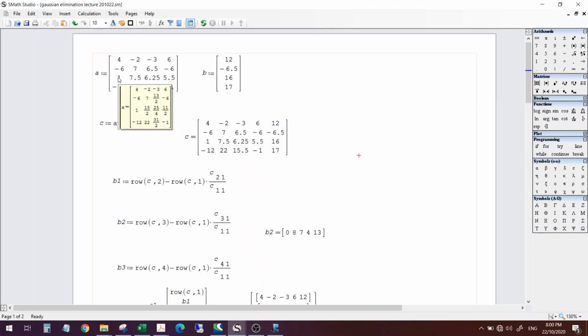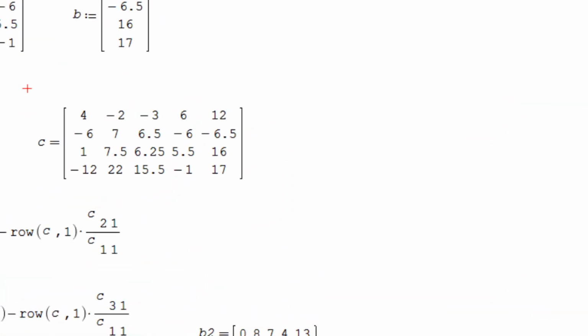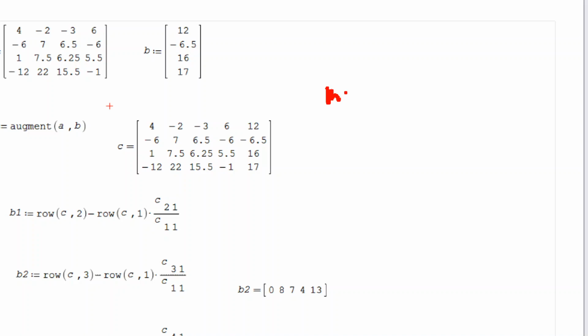So I think I don't need to demonstrate the solution of this using Excel, because we already have a video of that. You can simply check the answer using Excel, using what function again? Using MINVERSE, and then MMULT.